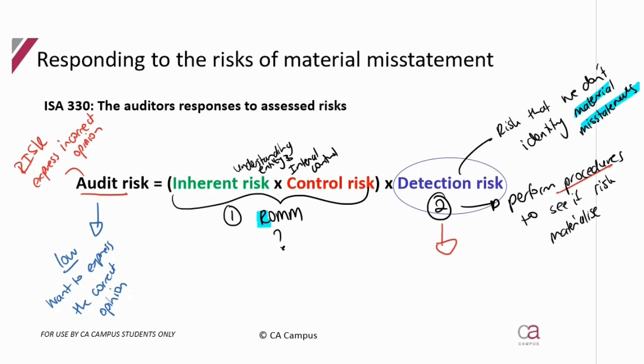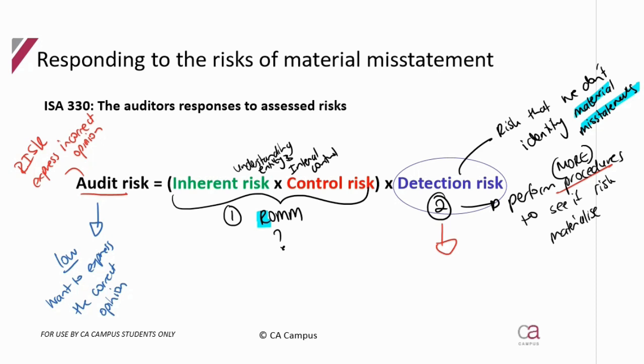If it's a high risk that the financials could be materially misstated, then we as auditors must have the lowest risk that we don't detect those material misstatements. And how could we have the lowest risk that we don't detect them? We perform more audit procedures so that we pick up material misstatements.